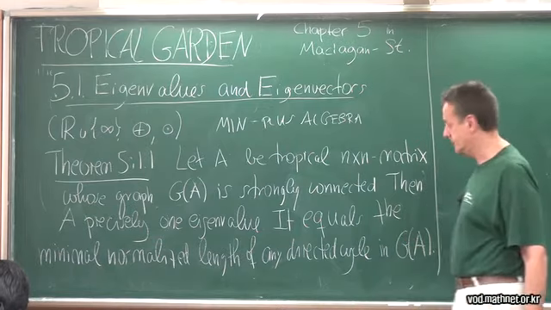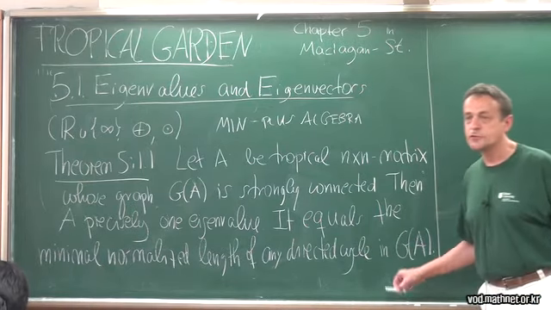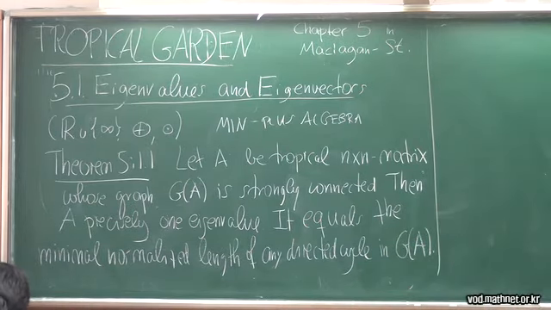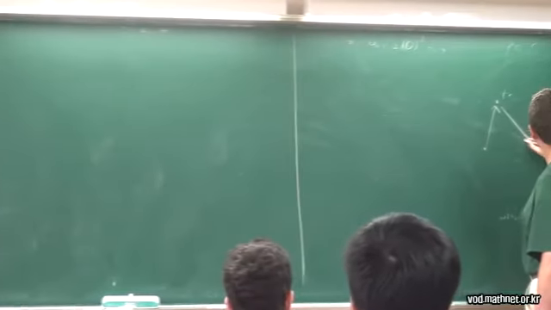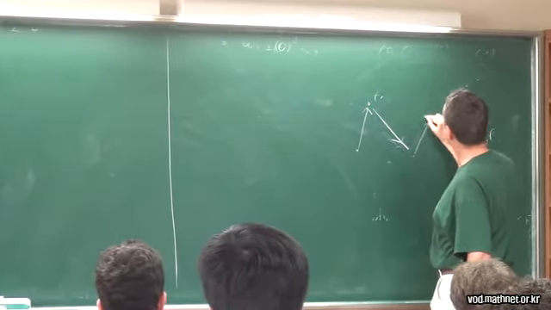I missed the definition of strongly connected. A directed graph is strongly connected if between any two nodes, node i and node j, there's a sequence of directed edges that starts at i and ends at j. For example, you could have a graph like this.